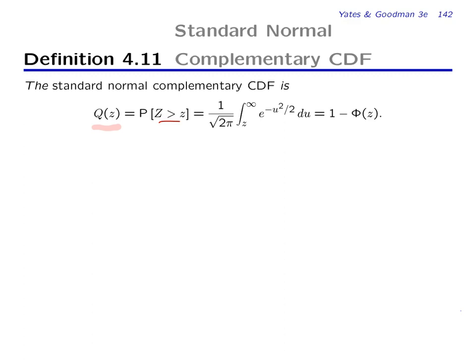It's equal to the integral of the Gaussian PDF from z up to infinity. And if you give this a moment's thought, this is equal to 1 minus the CDF of z, which is just 1 minus phi of z.